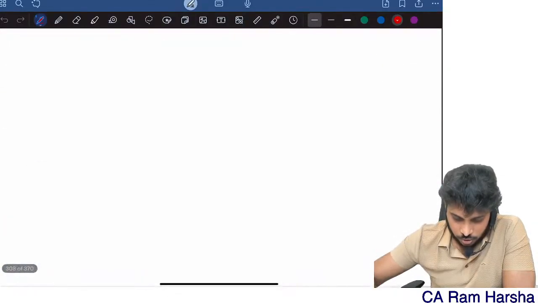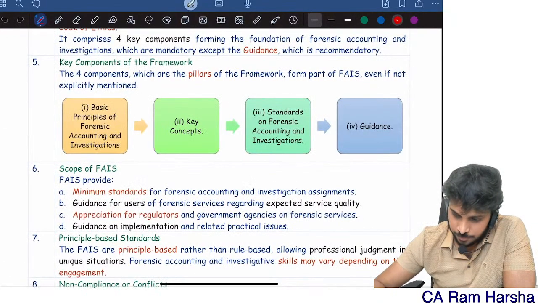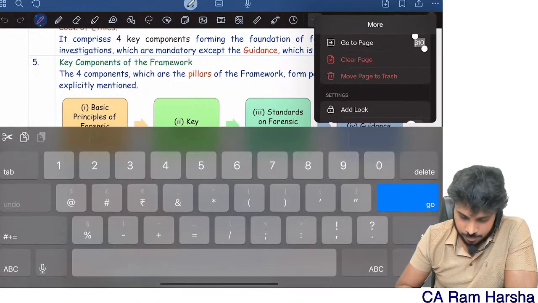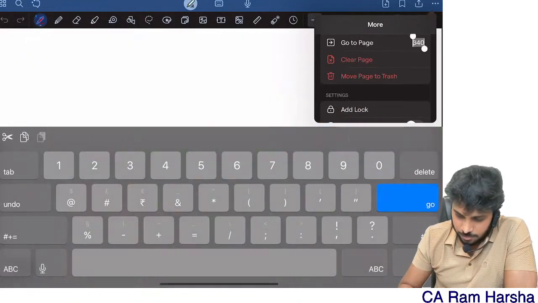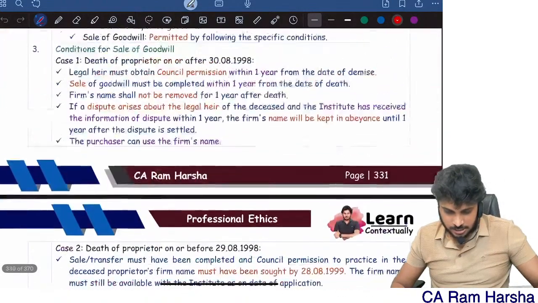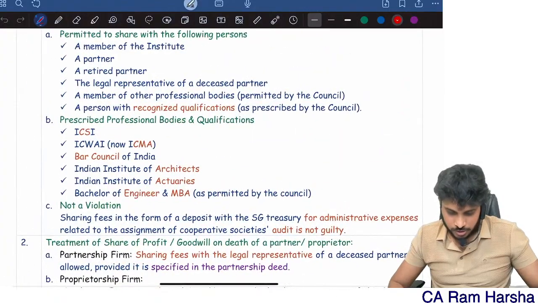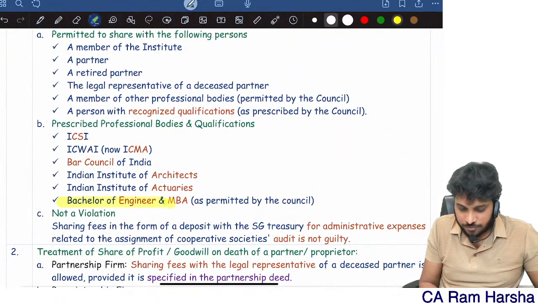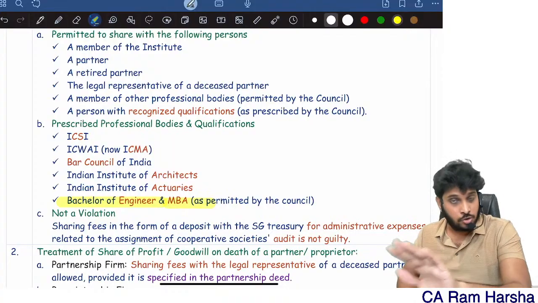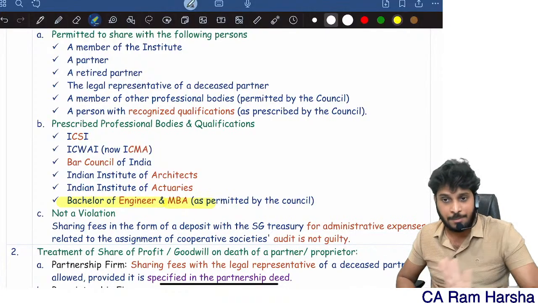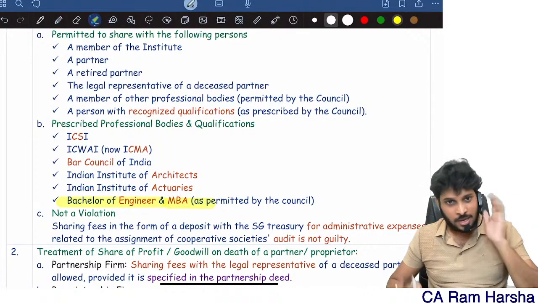So in the ethics clause number 2, right? Yes, you see here. So Bachelor of Engineering and MBA, you are permitted to share profits with MBAs. That's it. Yeah, that's it.